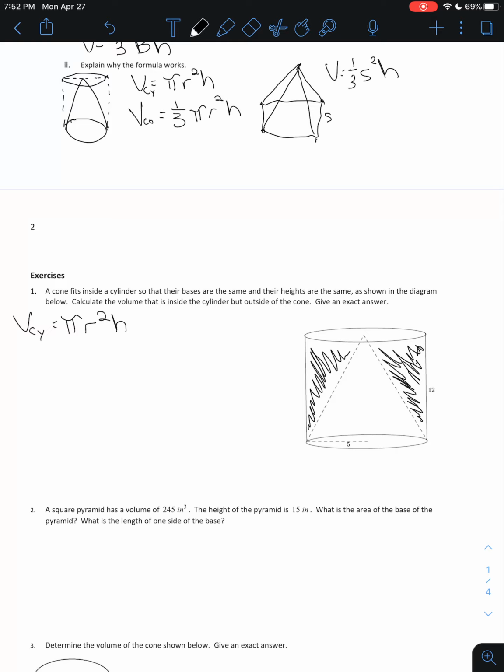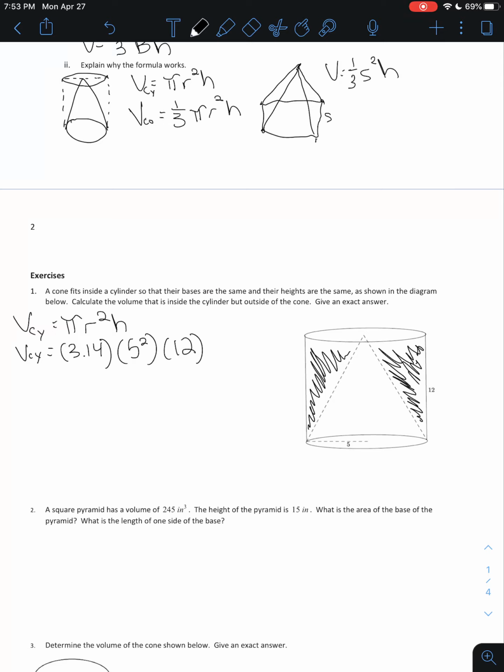So again, all we have to do now is plug in the numbers. The volume of the cylinder equals pi, let's say we use 3.14 for pi, then our radius is 5, so times 5 squared, and then our height is 12.